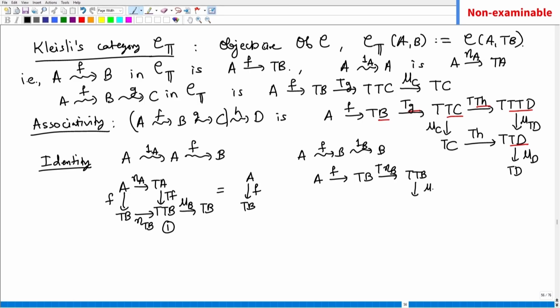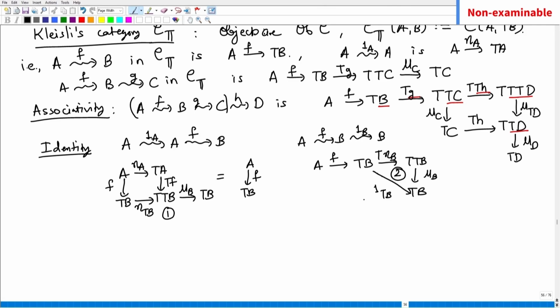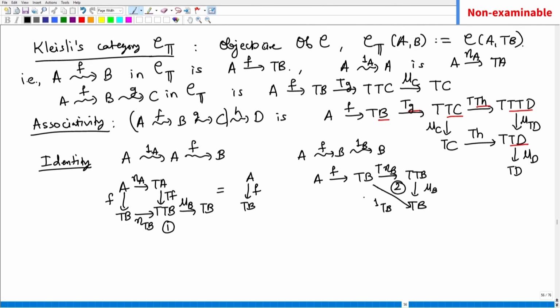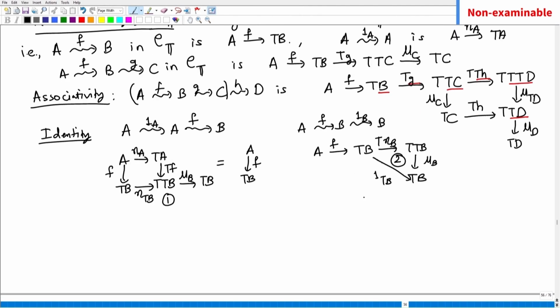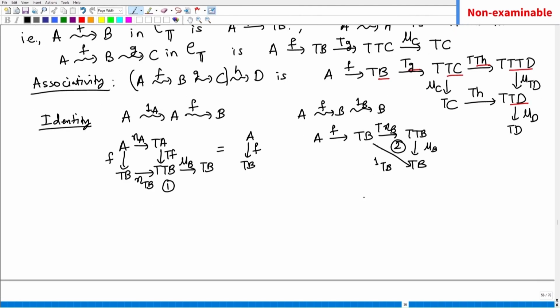And TTB, mu B will come back to TB, and this composition is obviously 1 on TB thanks to diagram 2. So using diagrams 1 and 2, we can verify that this is indeed a composition. So minimalistic approach, you understand the idea. Don't look elsewhere. Just work with whatever you have got. Very beautiful solution.